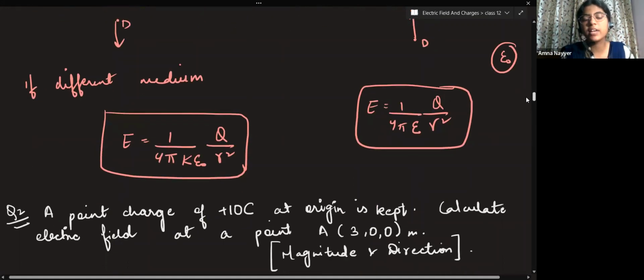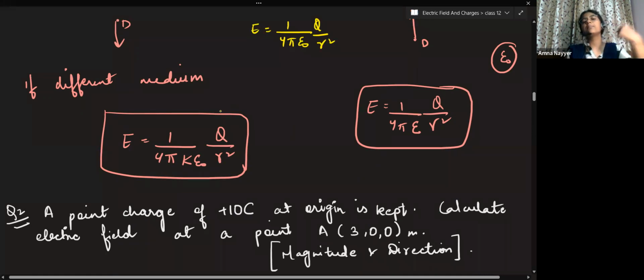And also, as we have seen for force, for different media we have different values. If you have 1 by 4 pi epsilon naught q by r square for vacuum, this is the electric field. And if you take a different medium, then instead of epsilon naught, a dielectric also comes in. You must have missed this, because dielectric constant and permittivity we did in the previous class.